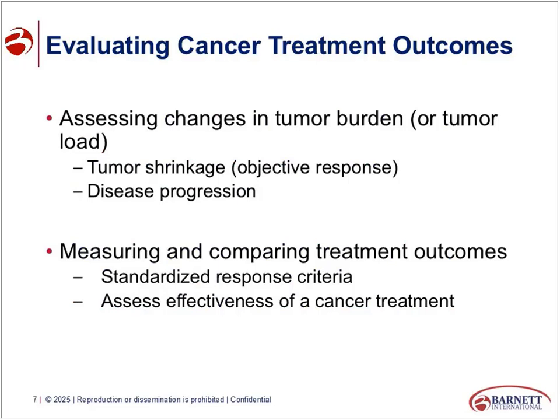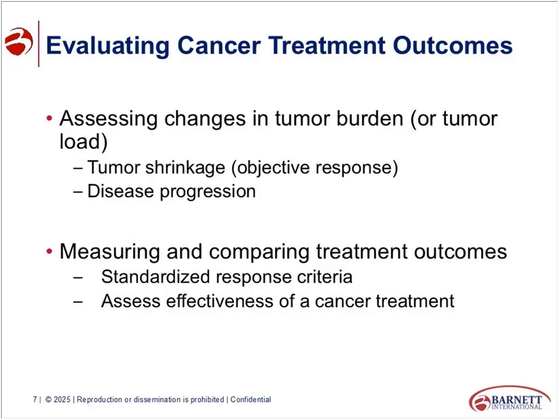So the purpose of an oncology trial is to determine whether a cancer treatment is effective. And assessing changes in tumor burden over the course of a study is one way to determine the effectiveness of that treatment. Tumor burden, or you might also hear tumor load, refers to the number of cancer cells, the size of a tumor, or the amount of cancer in a patient's body.